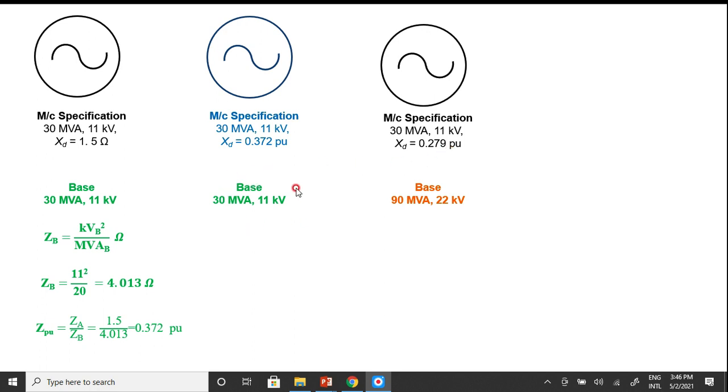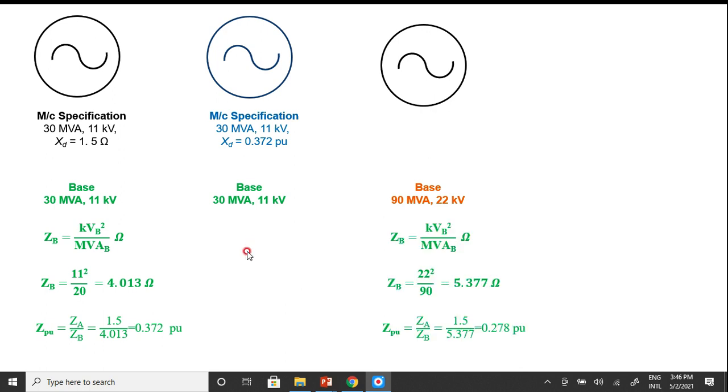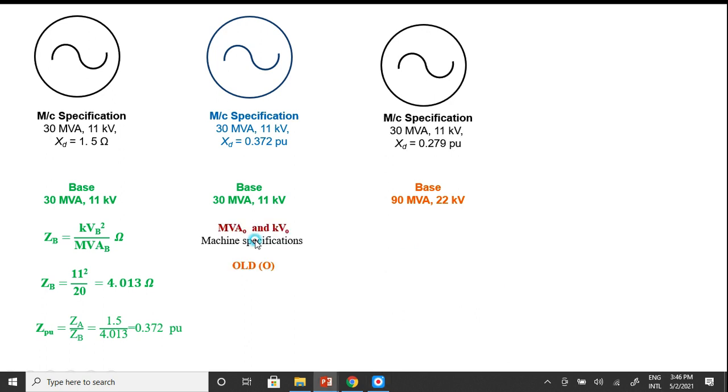Suppose you know the base quantity of the old, this I am calling the old base quantity.